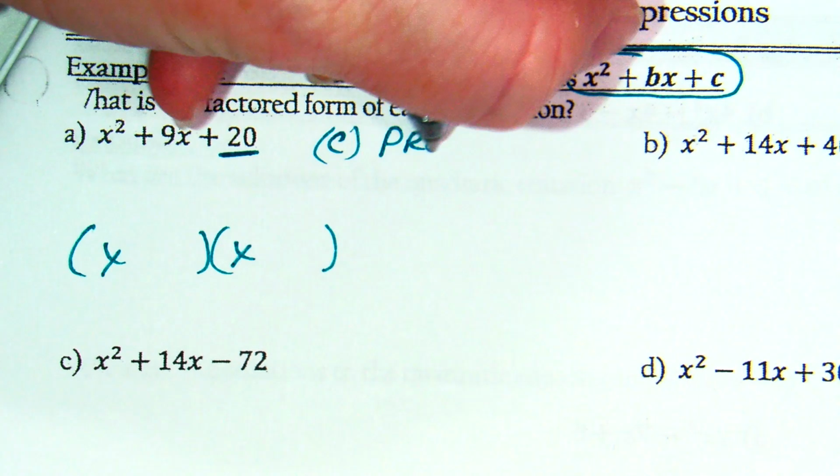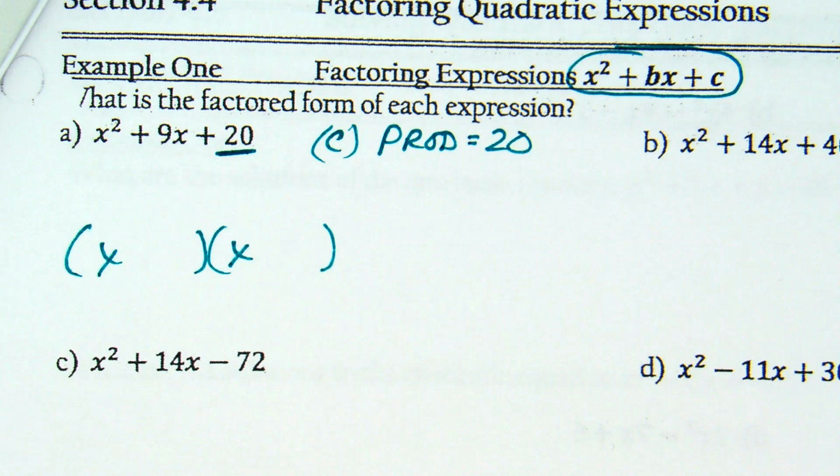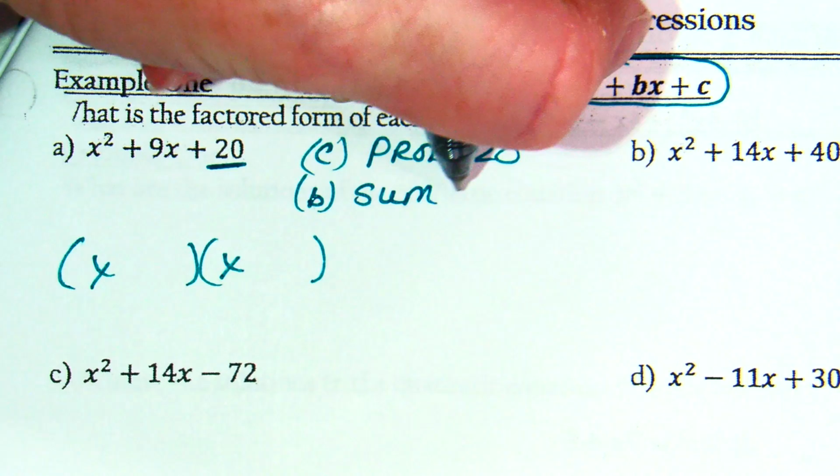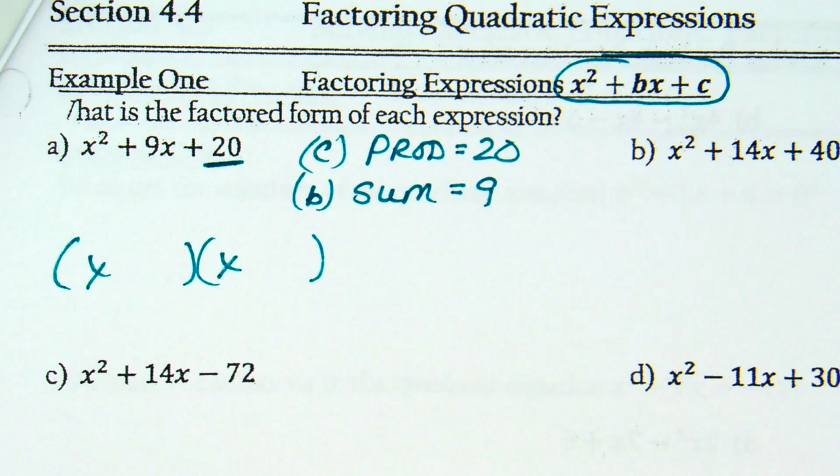I'm going to say two numbers that give me a product of the C term, the number at the very end, and they give me a sum of the B term. So when I say a product of the C term and a sum of the B term, I'm saying they multiply to be 20 and add to be 9.